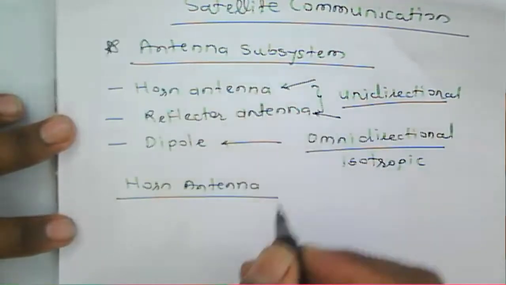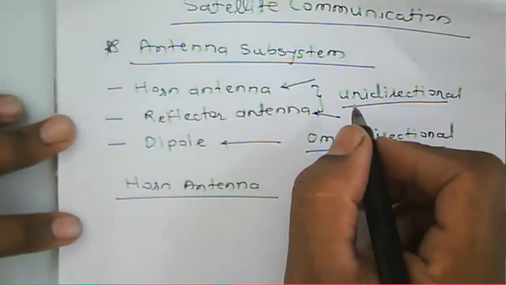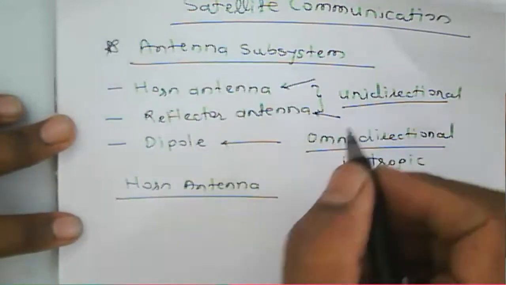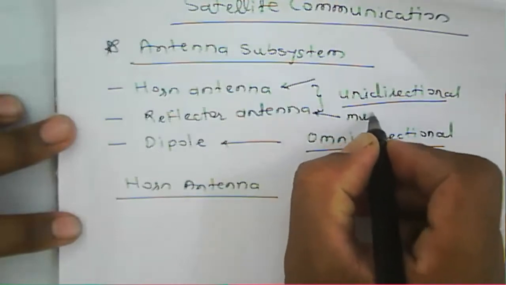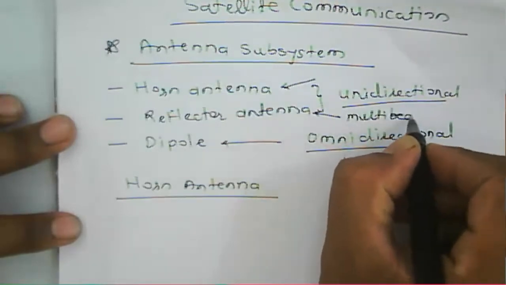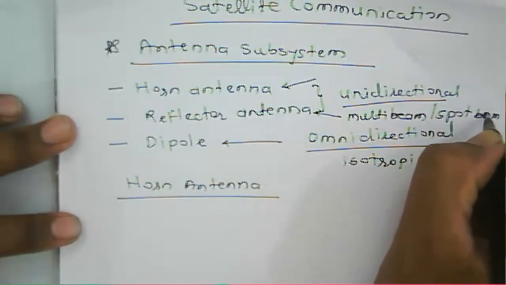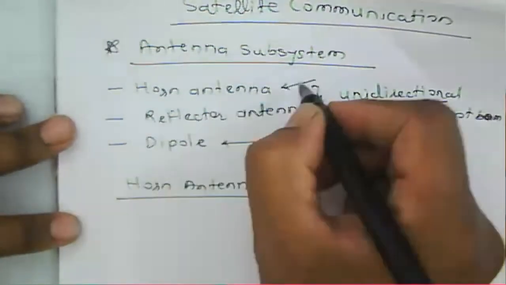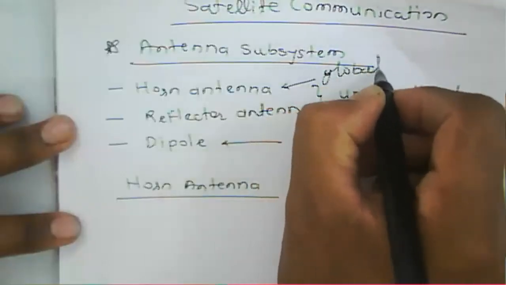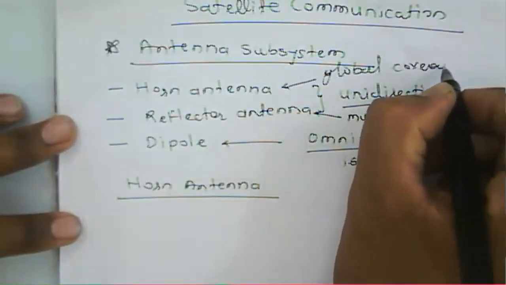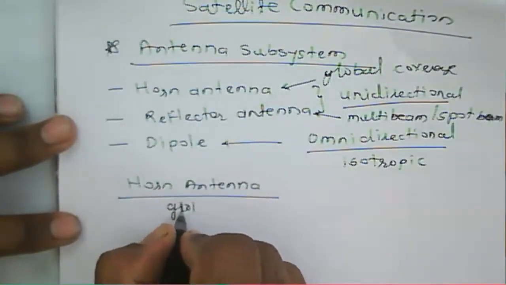And the reflector antenna will be used for spot beams, or we can say it will provide multiple beams there. So we can say multi beam or spot beam, and this one is about all coverage, or we can say global coverage here. Now the horn antenna will be useful for the global coverage.